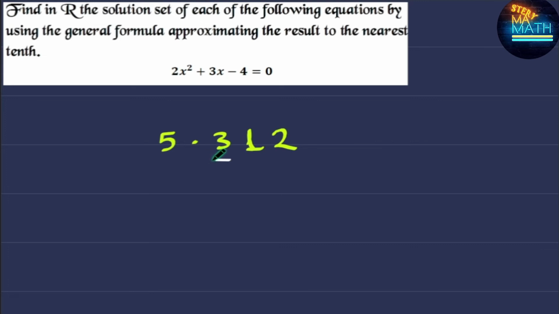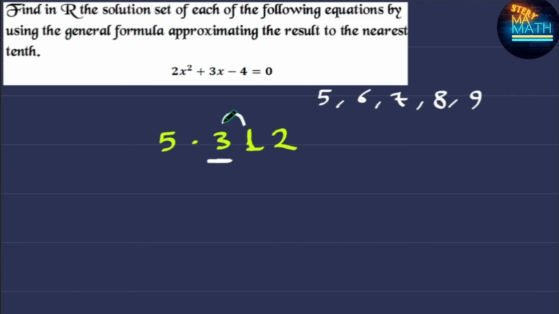First, underline the tenth. Where is the tenth? 5 is the ones, 3 is the tenth, 1 is the hundredth, 2 is the thousandth. So underline the tenth, which is 3, and then look at the digit to the right, which is 1. If that digit is 5 or more, that is 5, 6, 7, 8, and 9, then you round up.